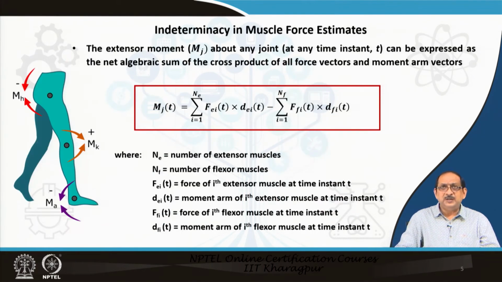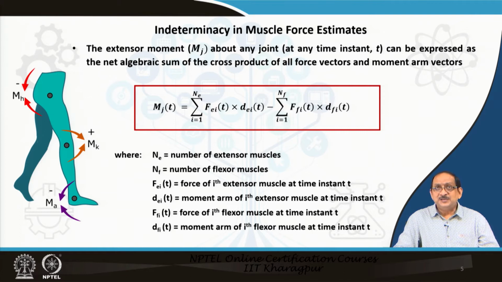We continue with indeterminacy of the muscle force estimates. To make valid estimates of the individual muscle forces, it is necessary to consider a detailed anatomical or kinematic model with lines of action of each muscle relative to the joint center.